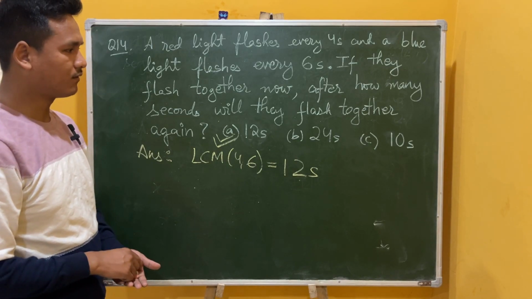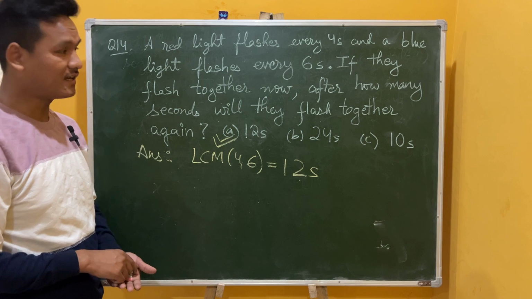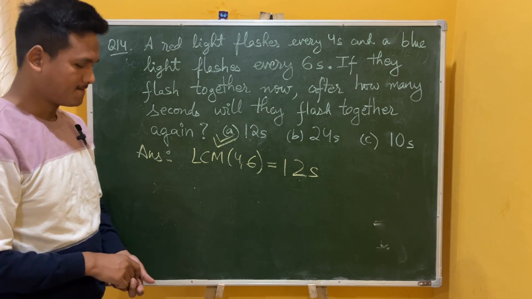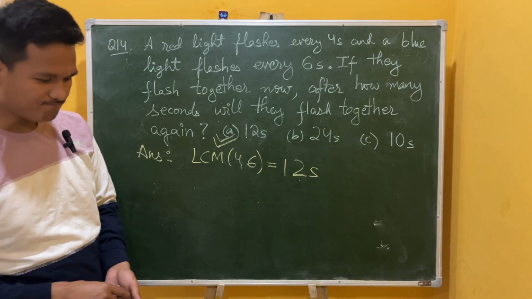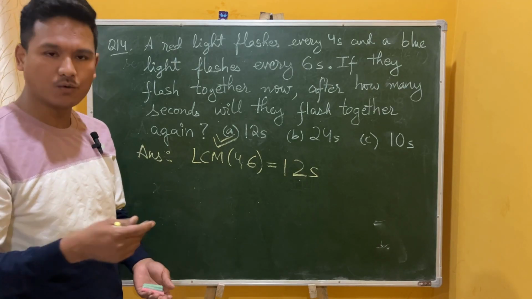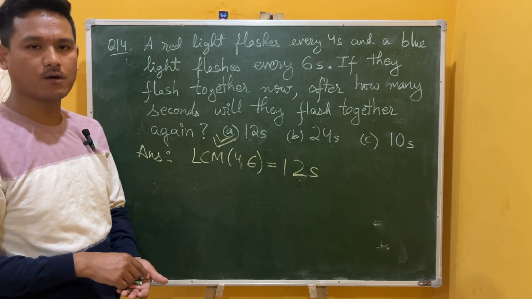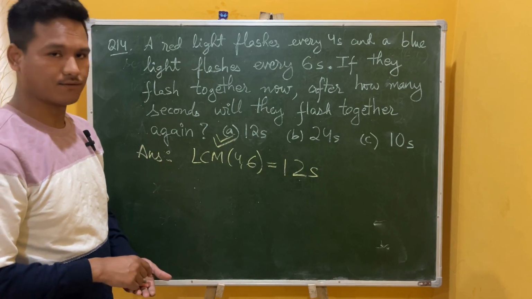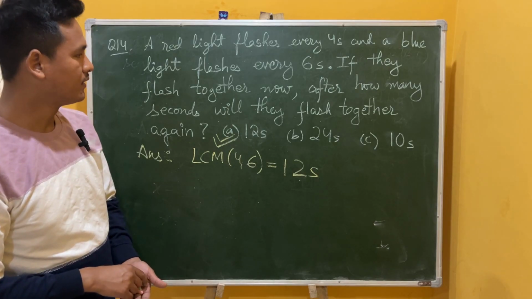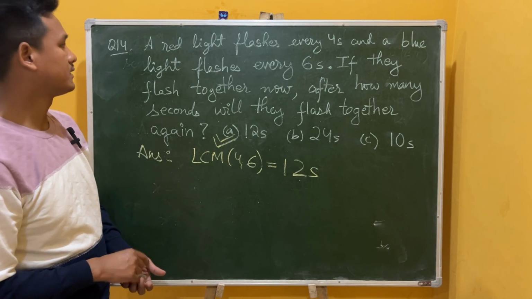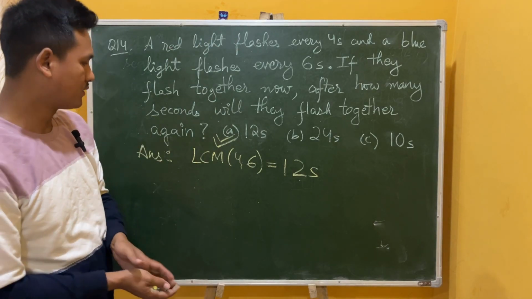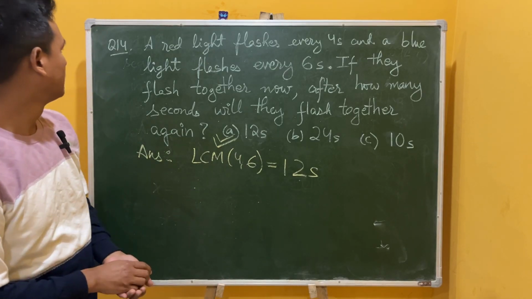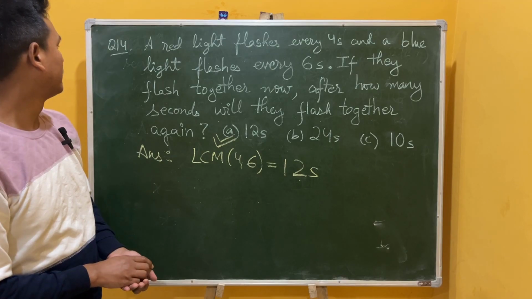While if you have to find something that's maximum, highest, or dividing into pieces, or arranging into rows, for those kinds of problems you'll find HCF. All right. So here this was a traffic light problem. So you find LCM and get the solution. Now we'll do the next one.